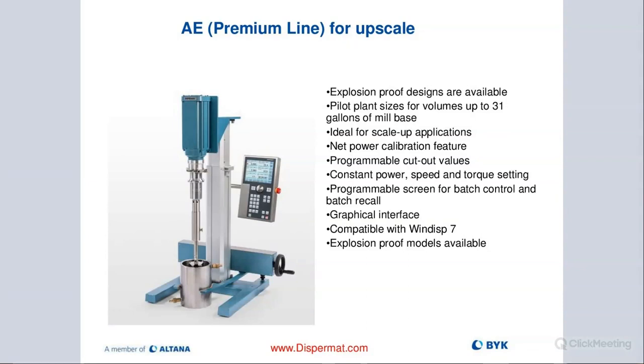Okay. This particular model is the premium model, the AE, very scalable. We can go from labs to production scale. We have the capability to do the net power calibration feature, basically allowing us to set all the power values and energy values to 0.